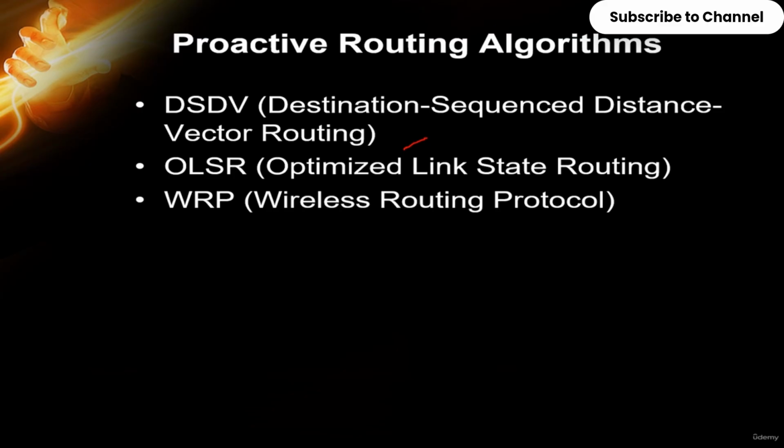Then the operation of DSDV includes routing table maintenance. The routing table lists all available destinations, and the updates are periodic, that is, triggered at regular time intervals by the routing table itself. Then route selection is based on selecting the routes with the highest sequence number, that is, the most recent, and then the one with fewer hops.